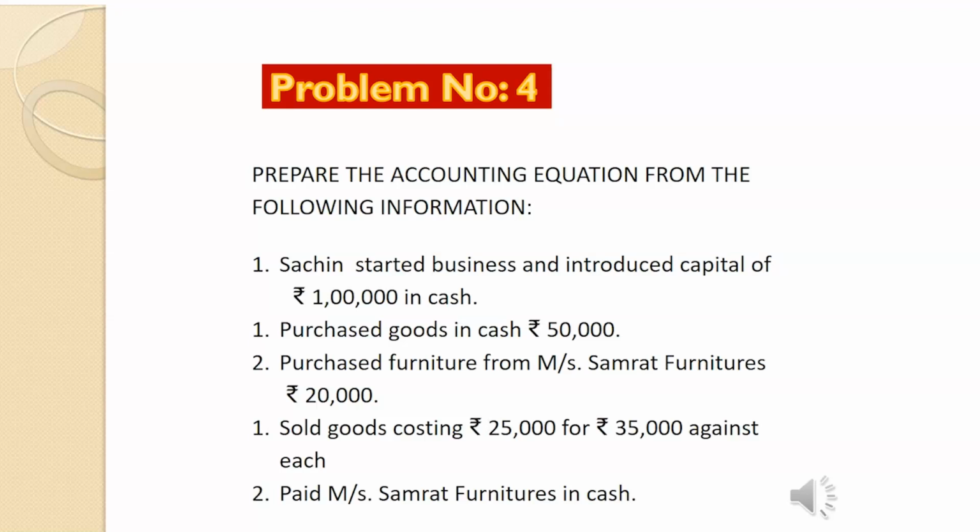Third transaction, purchased furniture from Samrat Furnitures rupees 20,000. Next transaction, sold goods costing rupees 25,000 for rupees 35,000 against cash. Paid Samrat Furnitures in cash.